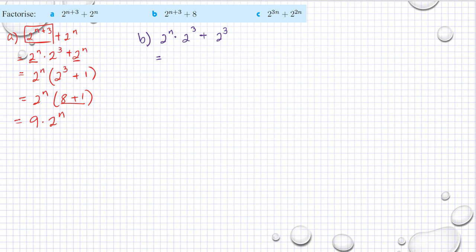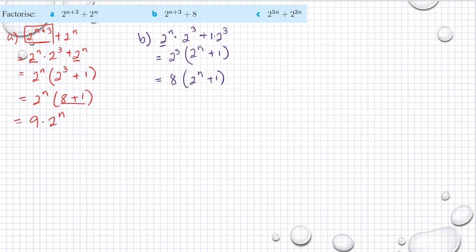You can use 8 or you can use 2 raised to 3. I will use 2 raised to 3. And then we have what remains, 2 raised to n plus 1. What remains here is 1 because there is 1 times there. Then we have 8 multiplied by 2 raised to n plus 1.